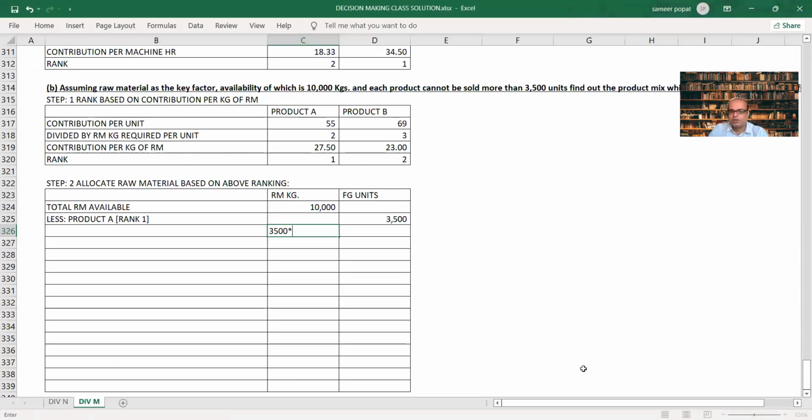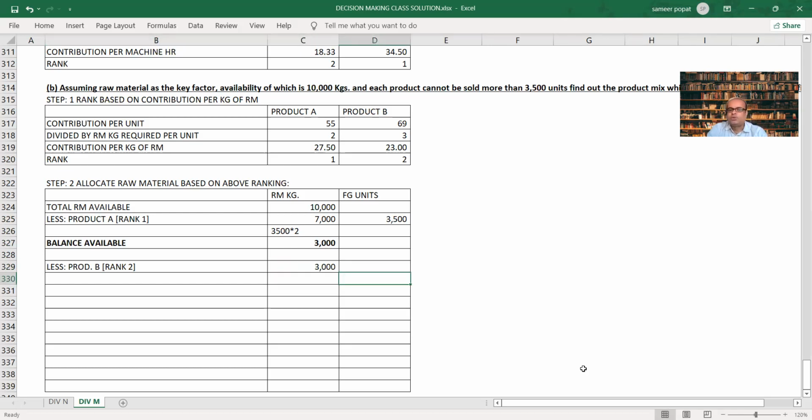So for 3,500 units, 3,500 into 2, that means 7,000 kgs would be used to manufacture product A. Now the balance remaining that can be used to manufacture product B will be only 3,000 kgs. 3,000 is the balance available to manufacture the next product, that is product B, rank 2. Let us use the full 3,000 kgs.